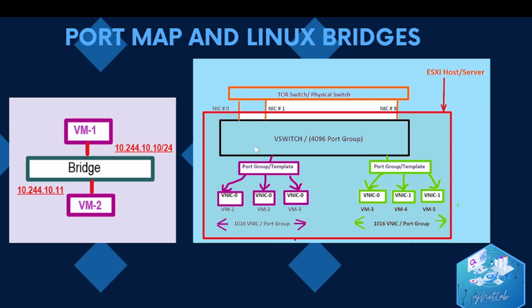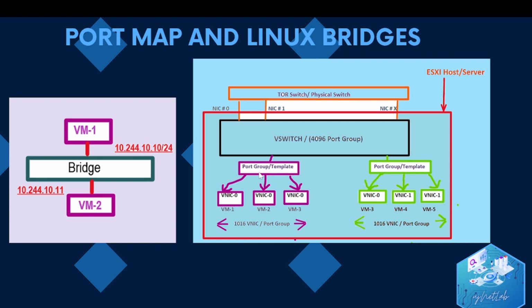However, the vSwitch is also doing the same kind of thing, but in a different way. You can see here it is also called a template. Why? Because whatever policy I define in the template, the virtual port of the VM will inherit. For example, what is the traffic shaping policy?